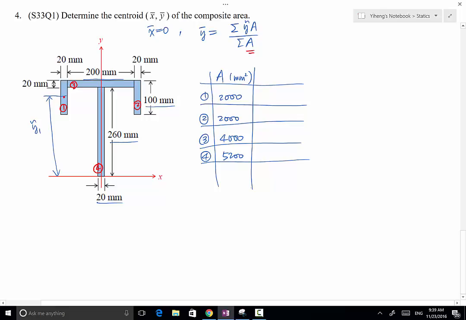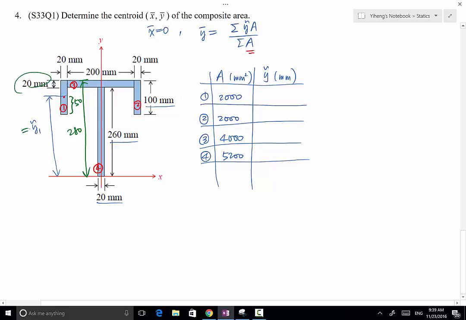And then for the next column, we're going to calculate the y tilde location for each of these component areas. For area 1, from here to here, that is 260 plus 20, that is 280. And from here to here, that is half of the height of area number 1, which is half of 100, which is 50.